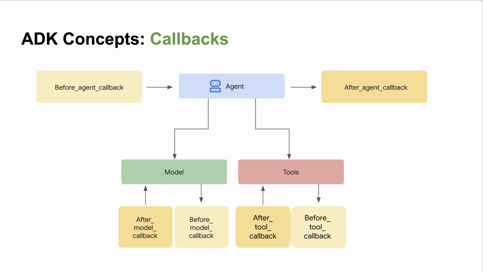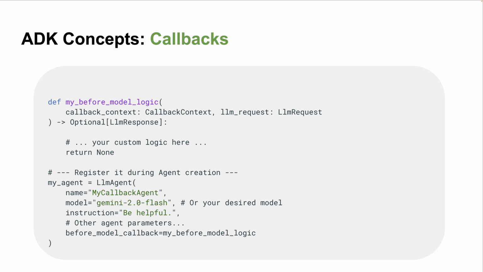And you could use it also to manage state. Callbacks are an excellent way to create a state modification event if you want to inject some external context into the model, like at what step of the workflow it is at, or some other dynamic information it needs to know. You can register callbacks by passing your defined Python functions as arguments to the agent's constructor.